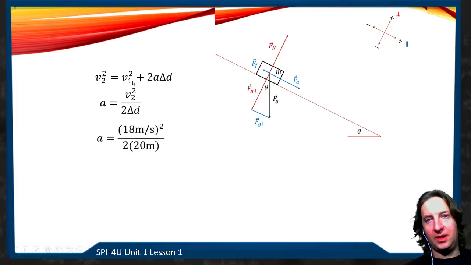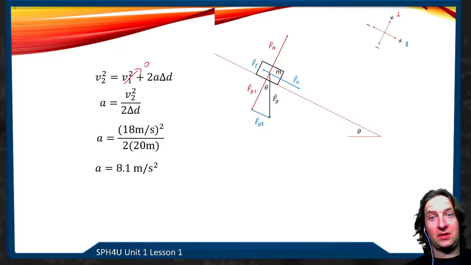Again, there's no initial velocity. It says it starts from rest. Divide both sides by 2 delta d and substitute in my numbers, and I end up with 8.1 meters a second squared. So that's my acceleration. I'm accelerating very fast. Okay, 8.1 meters, that's almost falling.